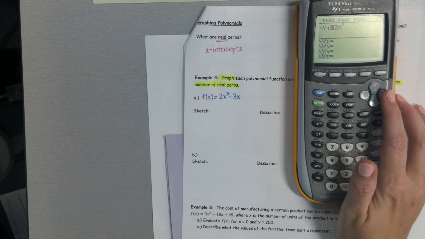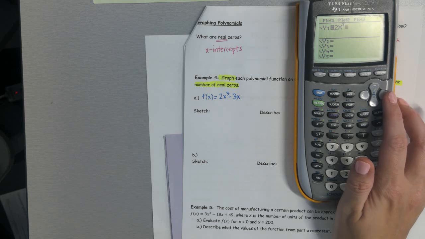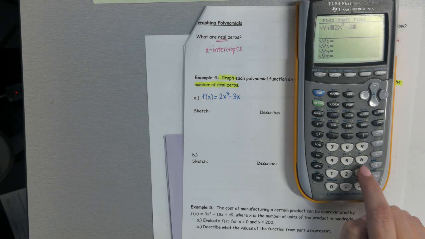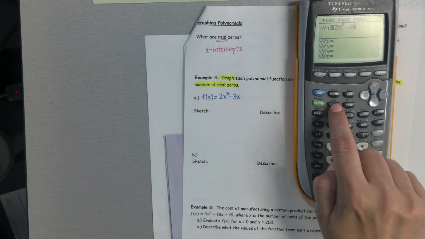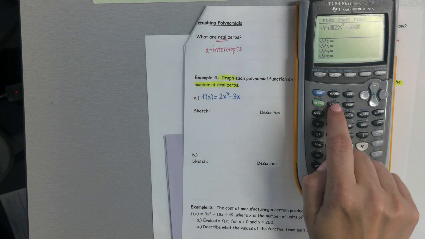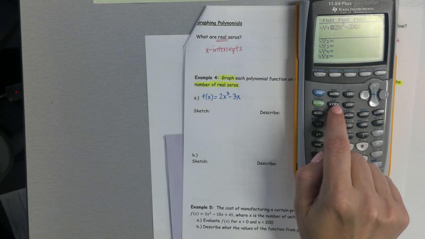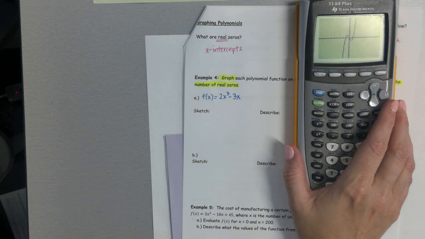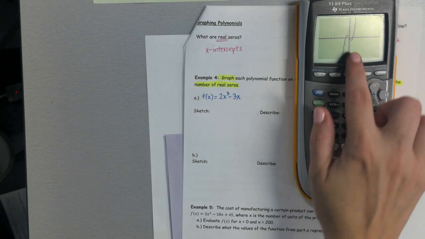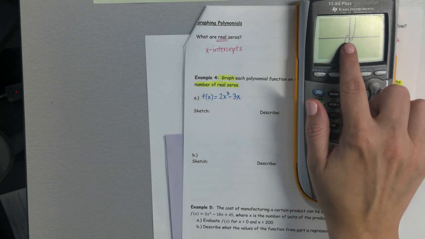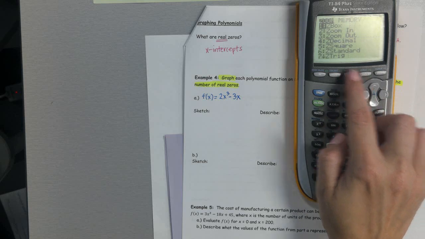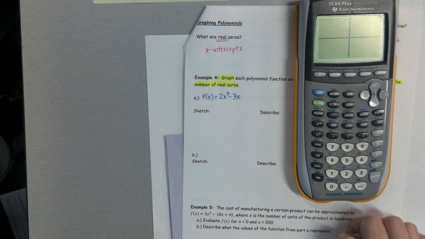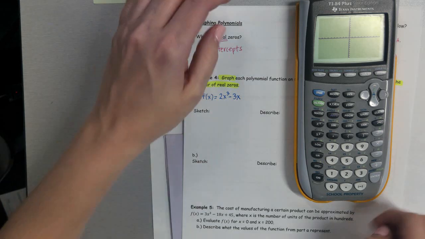Then you arrow down and it'll be minus 3, and we use our x key again. When you graph it, you should have the standard window. You can always go to zoom and then 6 to get the standard window.